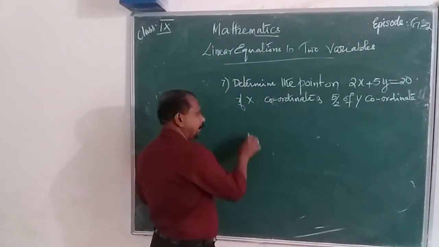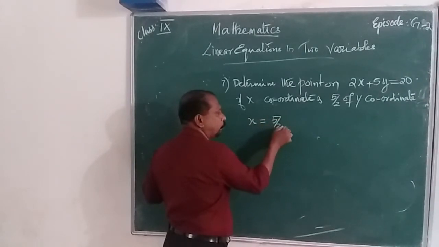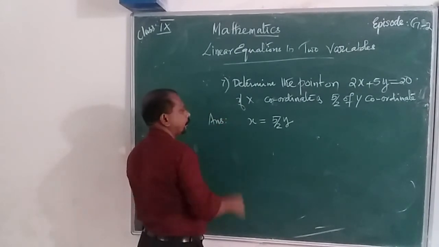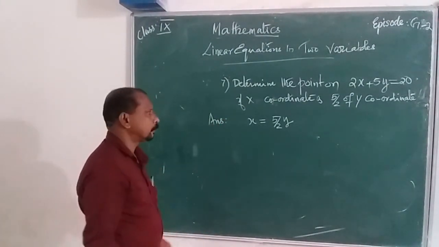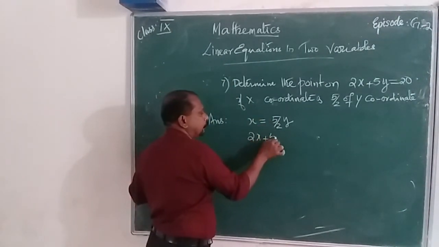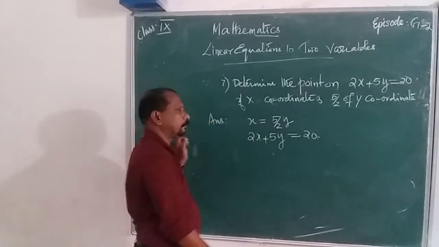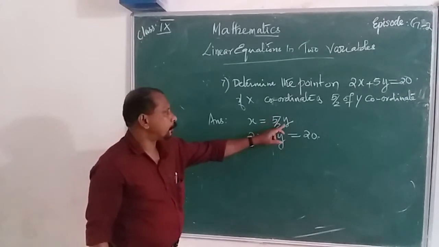That means x is equal to 5 by 2y. Therefore, x is replaced by 5 by 2y in the equation 2x plus 5y is equal to 20.